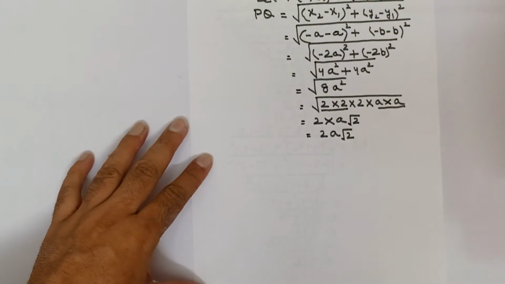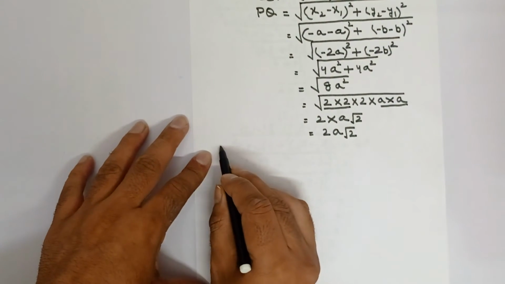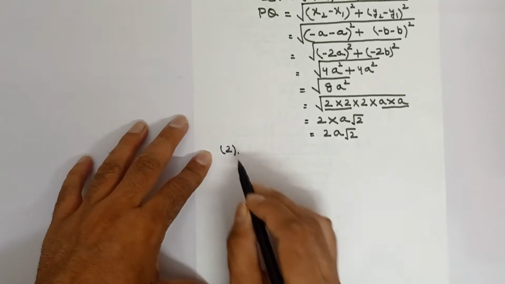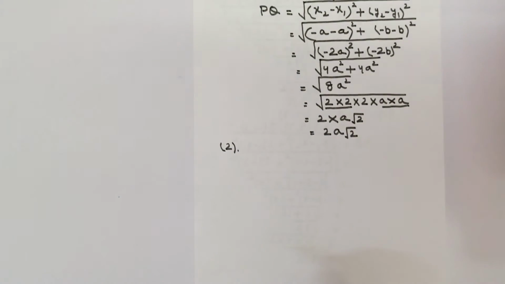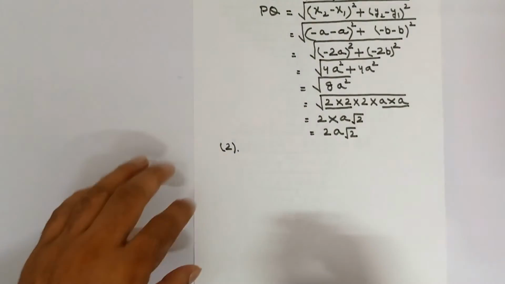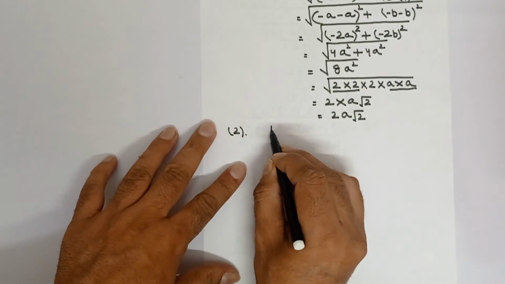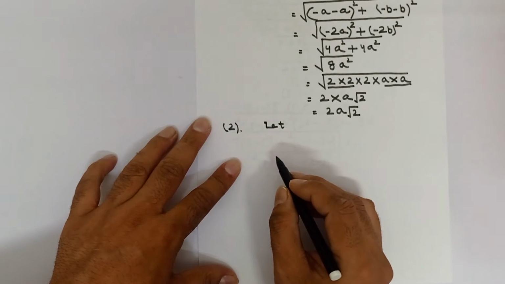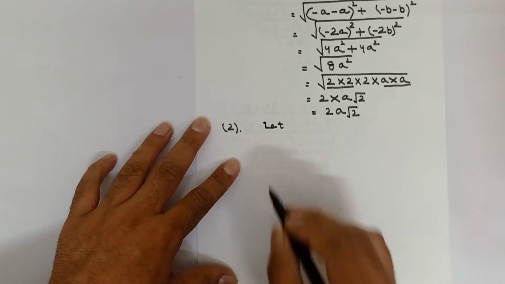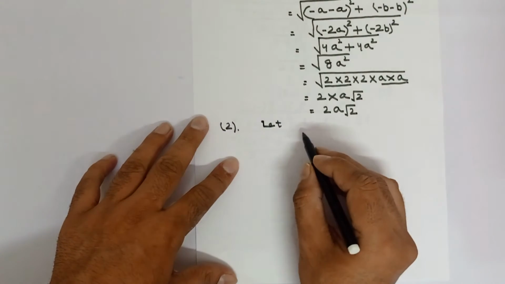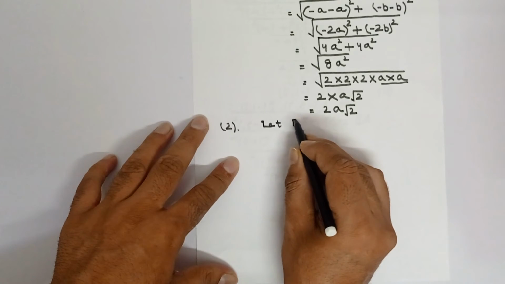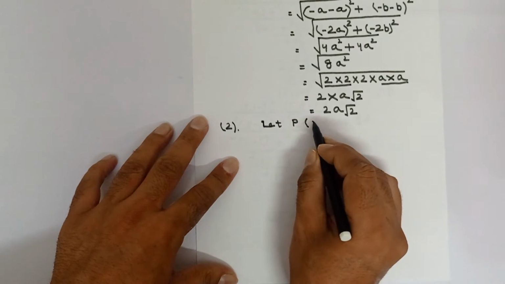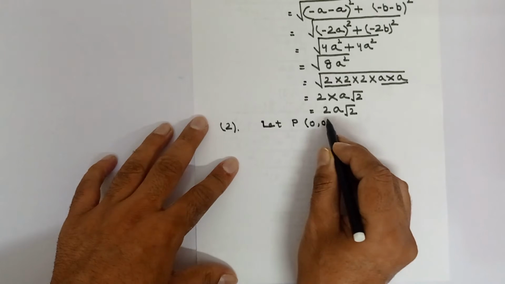Now question number second of this exercise is find the distance between the points 0, 0 and 36, 15. So I have written here, we can give naming to these points. Let any point you can take P, it has coordinates 0, 0.